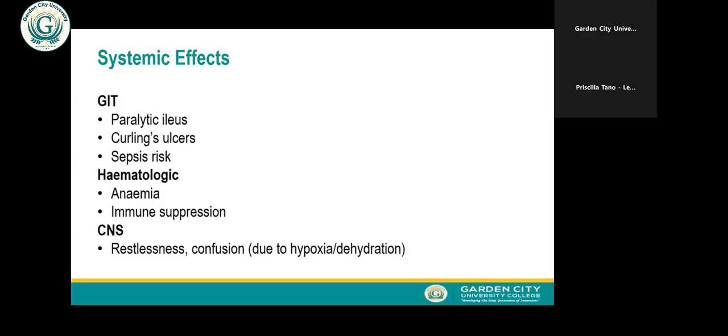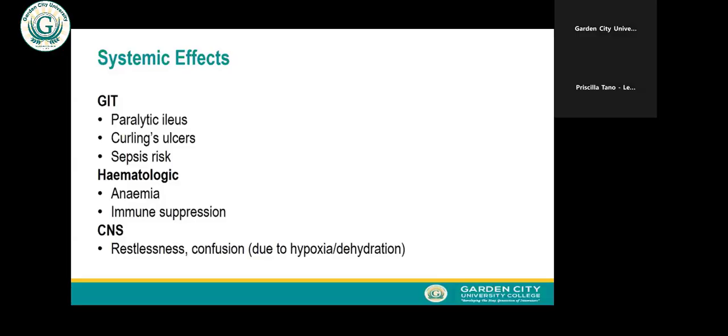And then there is immune suppression. And then the CNS. Of course, with these patients as well, they also would have immune suppression, so WBC counts are often low. When there is infection, when there is sepsis, that is when it may be raised. So get the difference as well. When there's infection, that's where it will be raised. They would have restlessness and confusion due to what?